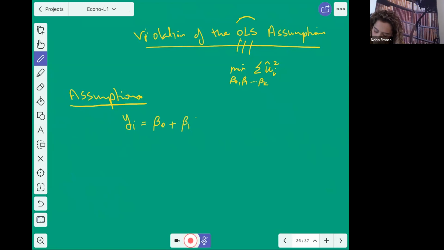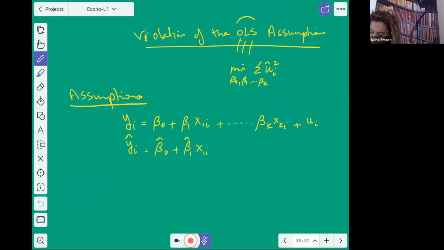Okay, beta 1 x1i, and then we keep going until we get all the factors that affect y, beta k xki, plus an amount of errors. Okay, and we said this is called the population regression line. We get our data set and we estimate the model. We get the yi hat, which is based on all the hats, right? Beta naught hat plus beta hat 1 xi. Xi doesn't have a hat.